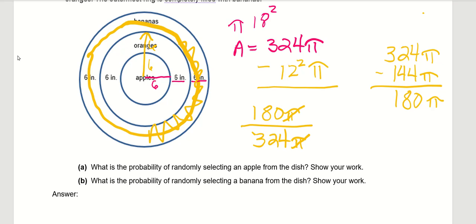We can cancel the pi, and then 180 divided by 324 is equal to approximately, I'm going to round it to the nearest hundredth, 0.56. You can write it as a decimal or again as a percent. I'm going to put 0.56. Okay. All right, so it's 0.56 or 56%.